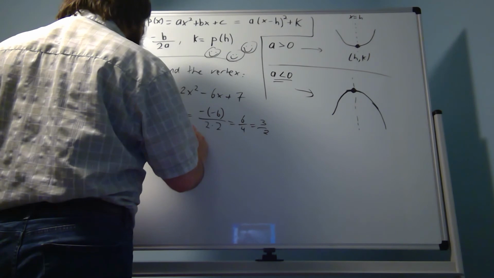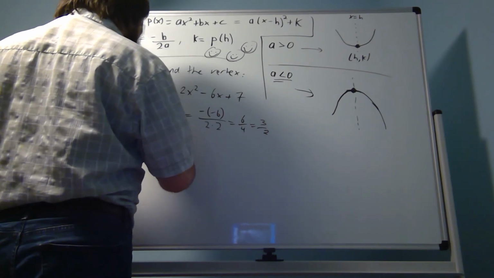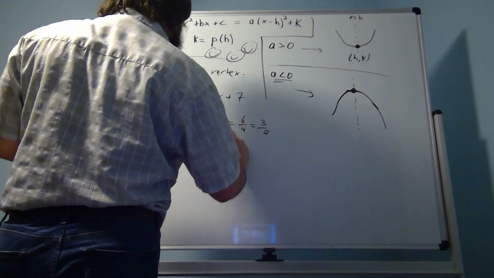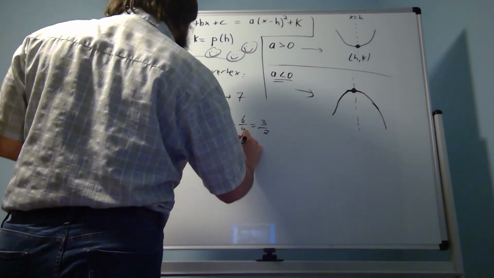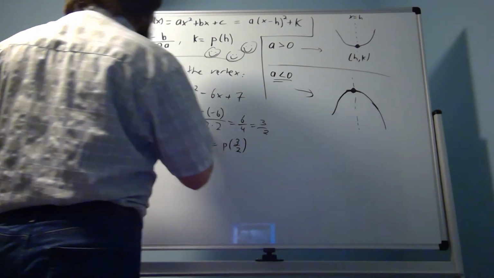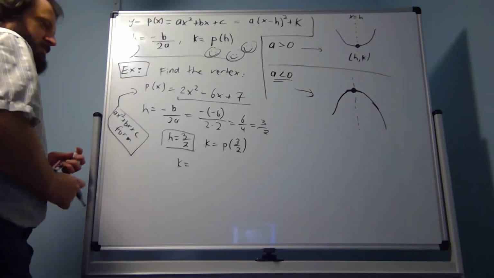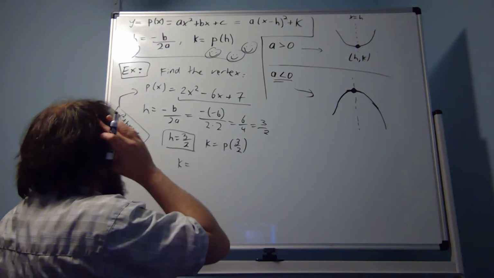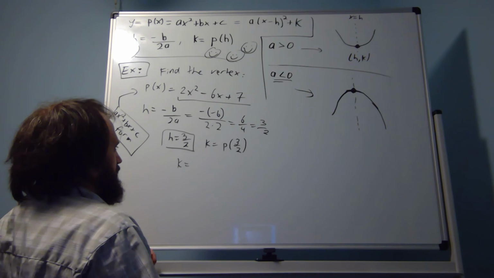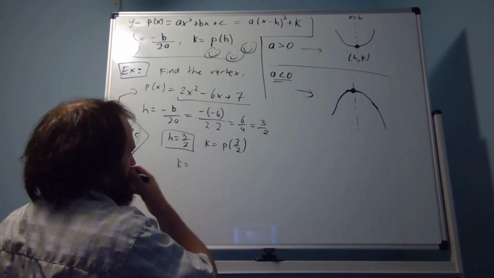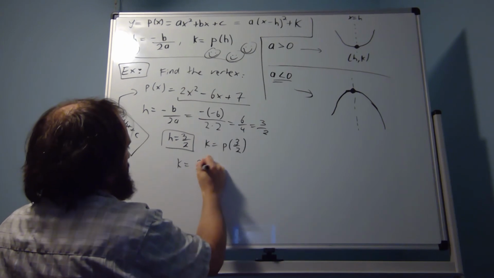Let's just write that down separately. Yeah, we just use this expression here. So, K is just the y value on the graph when you get to the magic h value. That is for the vertex. So we plug this in.